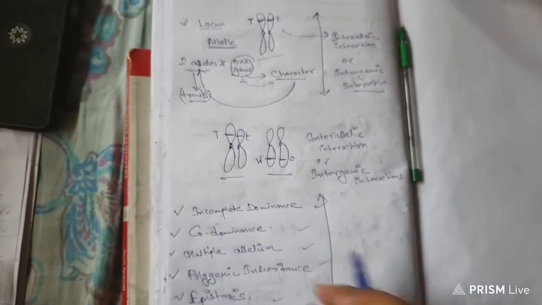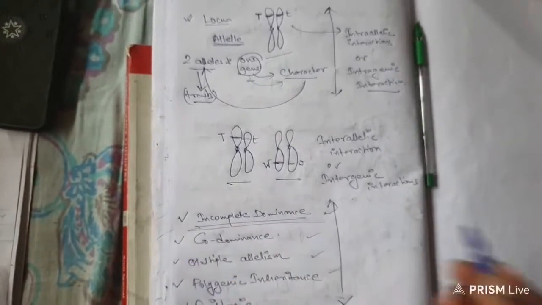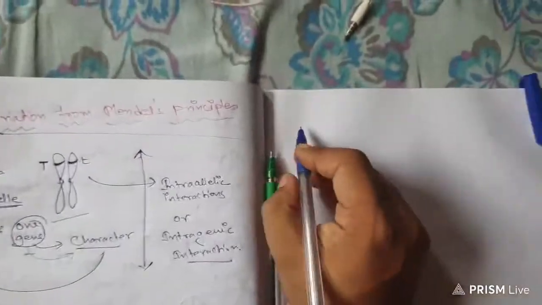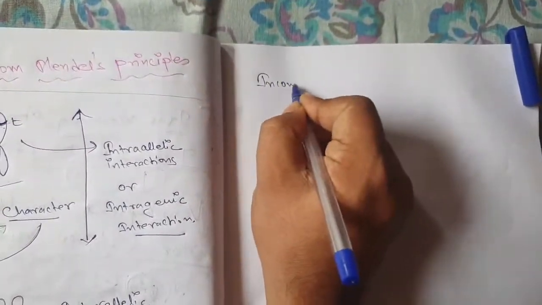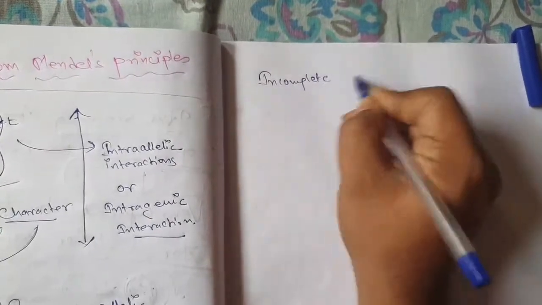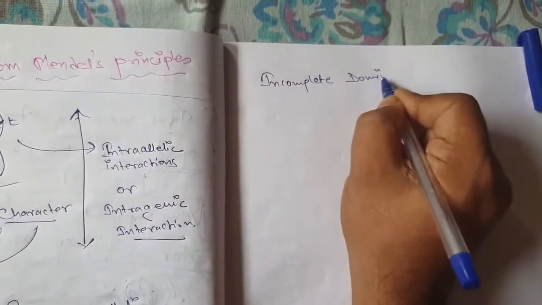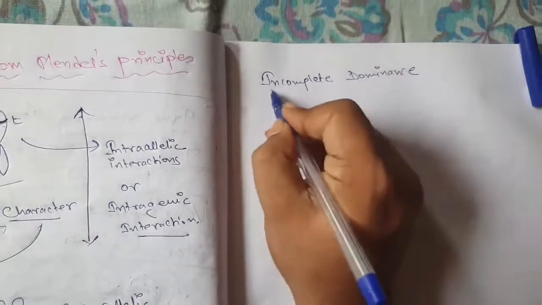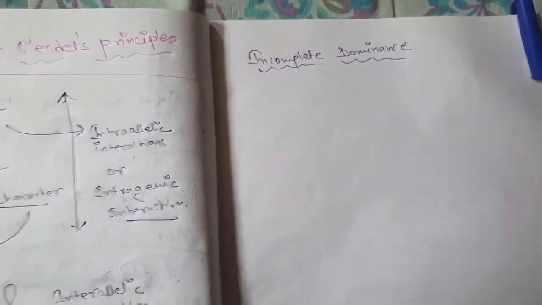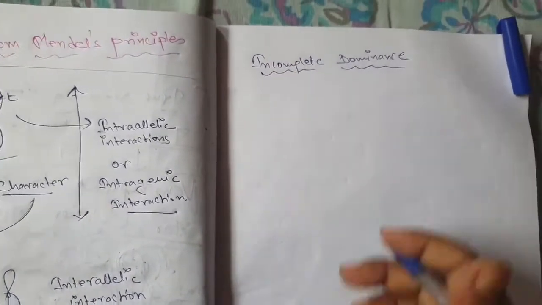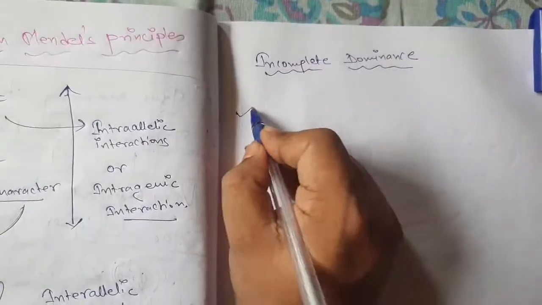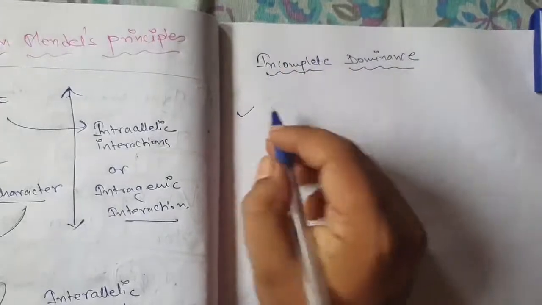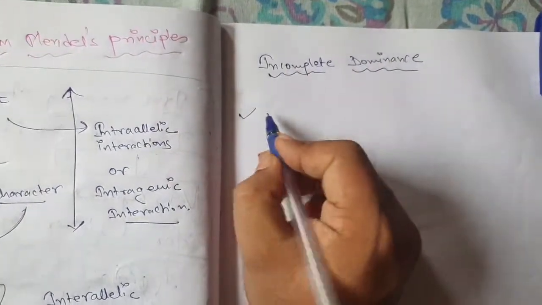Now let's move forward a little bit and try to understand what is incomplete dominance. For understanding incomplete dominance, let us take examples. Look, there are three examples that we should keep in our mind and remember.